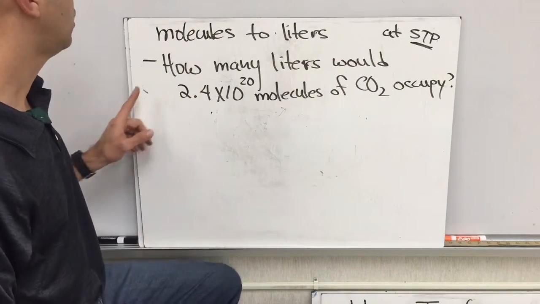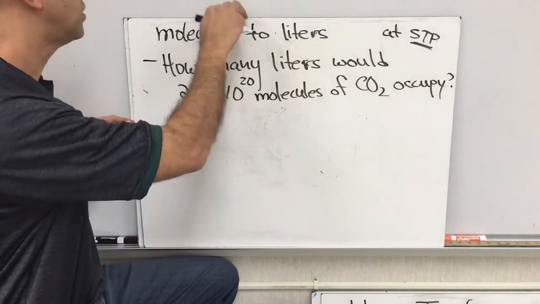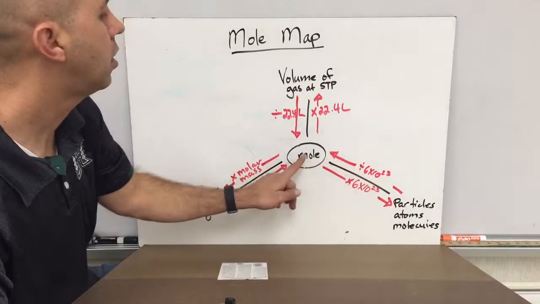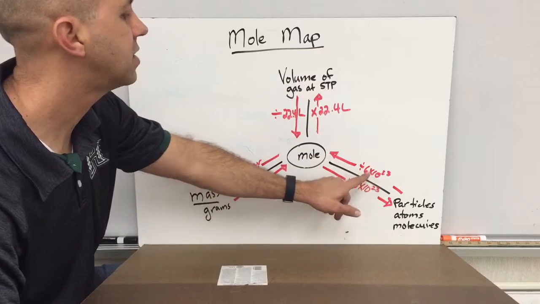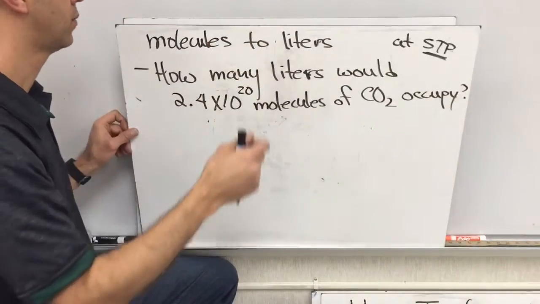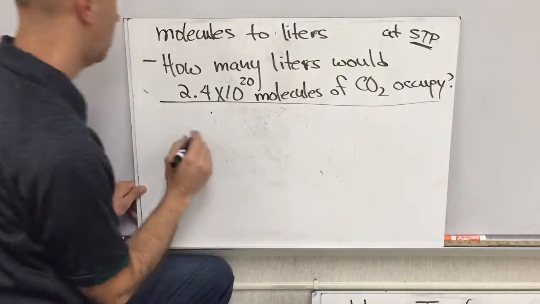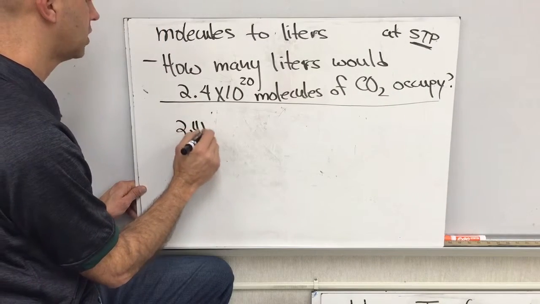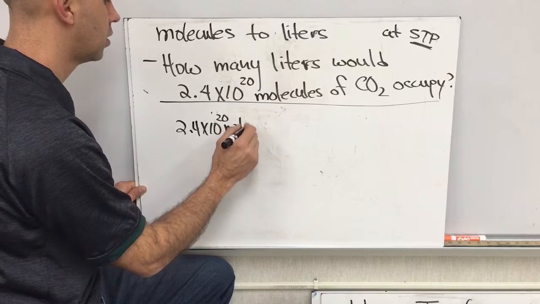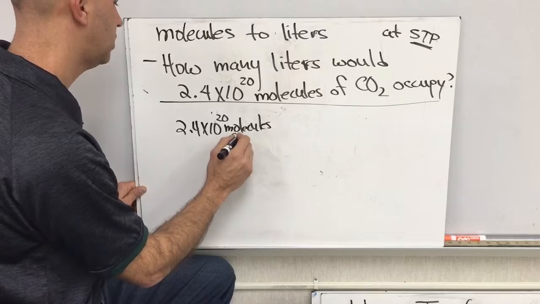Okay, now let's check it out. Start with what we're given. We're going to go from molecules, so we're down here, and we're going to go up here and go over there. So I have to divide it by 6 times 10 to the 23, and then I'm going to multiply it by 22.4. Okay, so here we go. I'm going to go 2.4 times 10 to the 20 molecules of CO2.